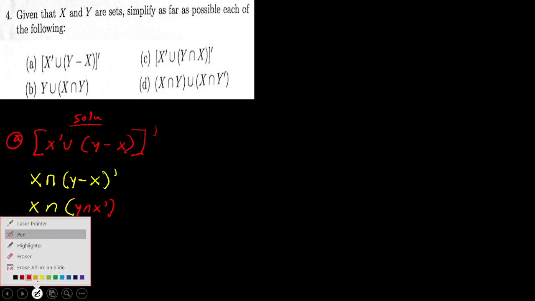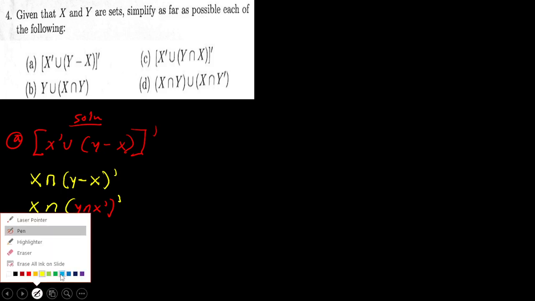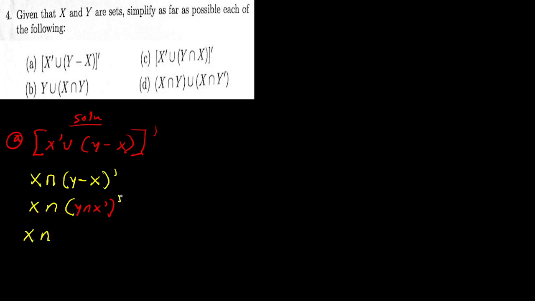Then from there, this one will be a complement, which is just the same complement. And then I'm going to multiply this complement by what is inside. So this will be x intersection. So if I multiply what is inside by this complement, I'm just going to have y complement union x.